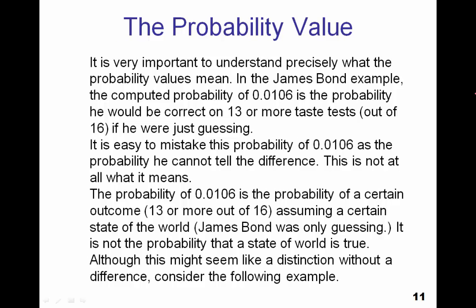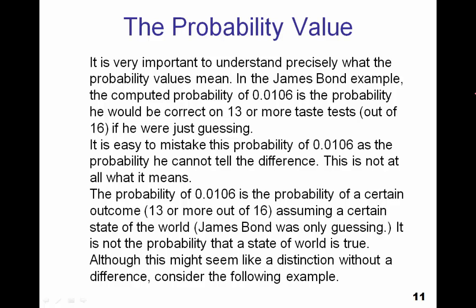It is very important to understand precisely what the probability values mean. In the James Bond example, the computed probability of 0.0106 is the probability he would be correct on 13 or more taste tests out of 16 if he were just guessing.